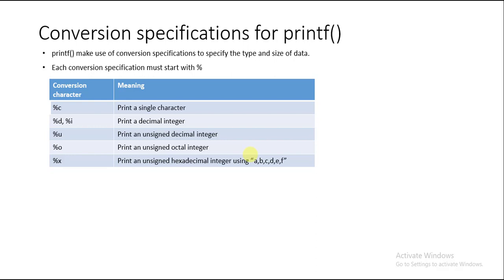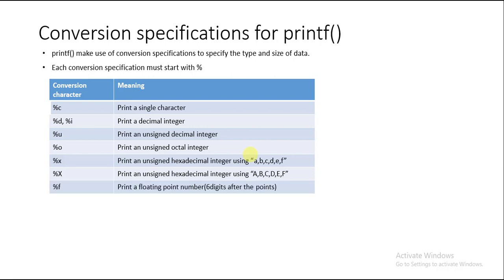So A to F will be printed in lower case when we use percentage %x. If we want to print A to F in uppercase, then we need to use percentage %X. Percentage %f is used to print a floating point number. When we use percentage %f, then 6 digits after the point will be displayed on the output screen.